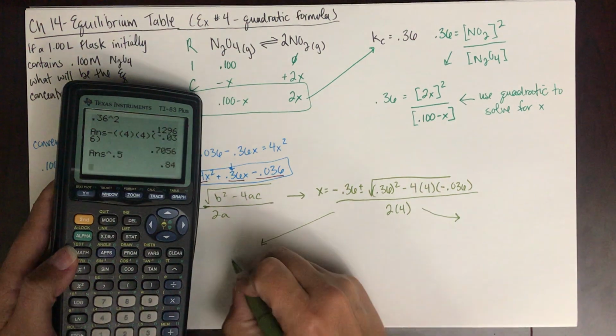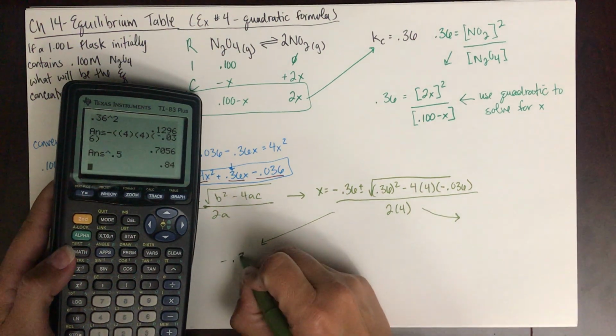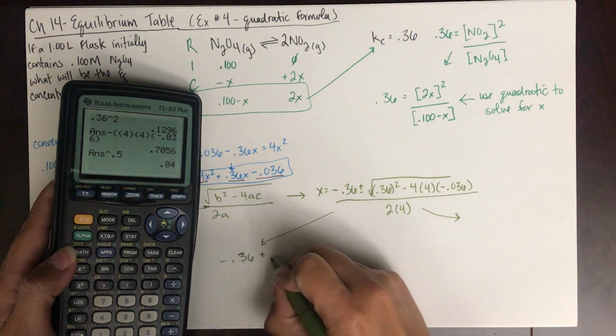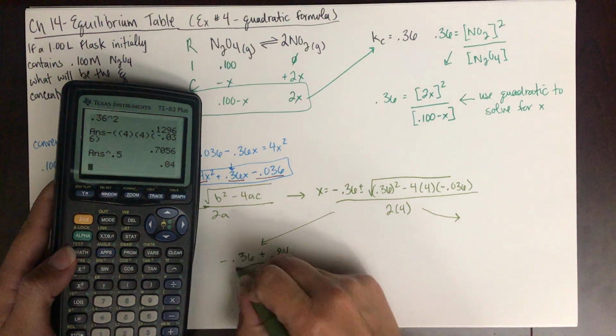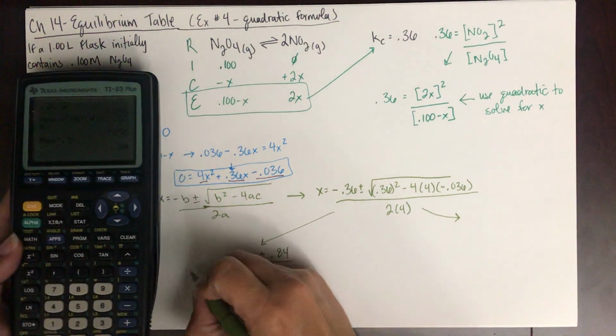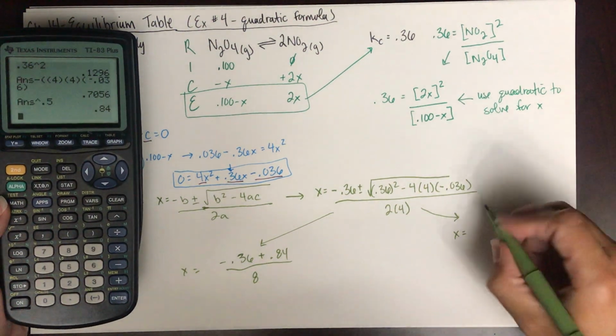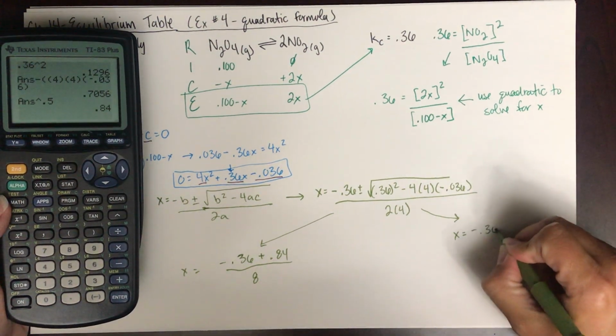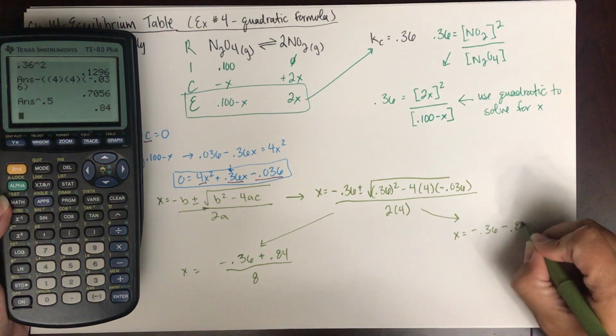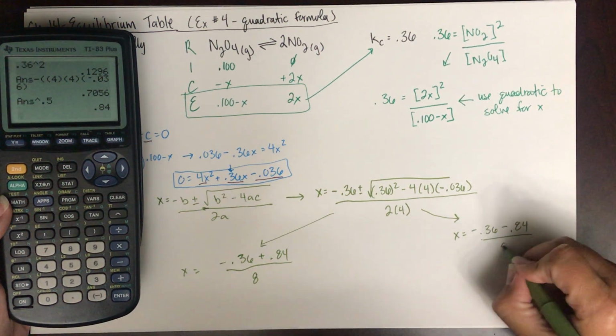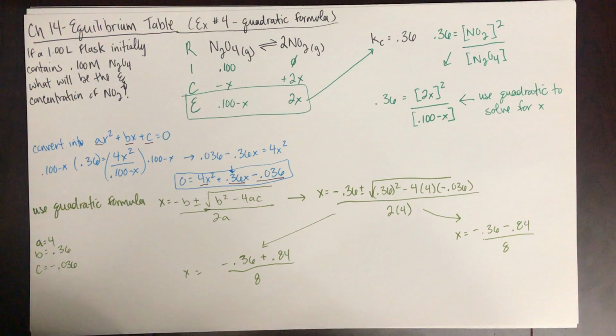So I'm going to say negative 0.36 plus 0.84 divided by 8, x equals that. Or I'm going to say x equals negative 0.36 minus 0.84 over 8. So let's see what that is.